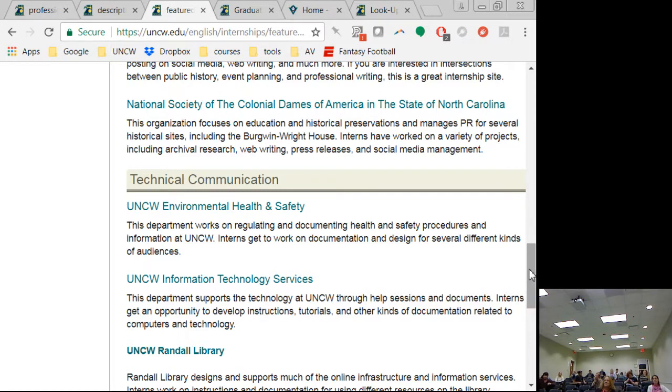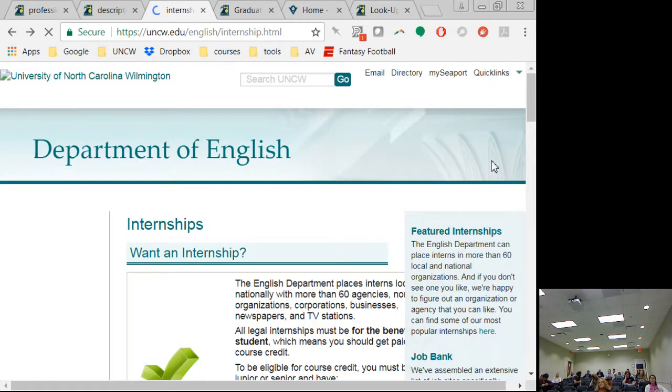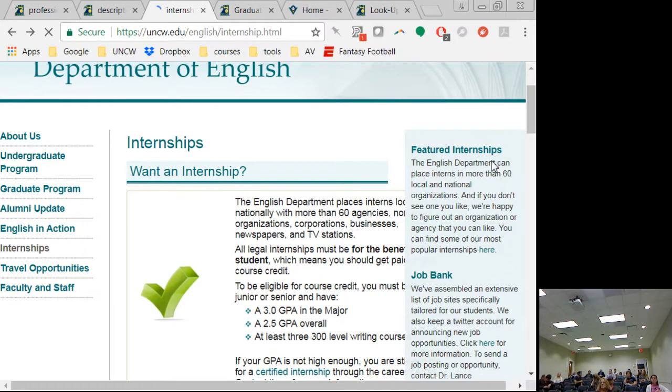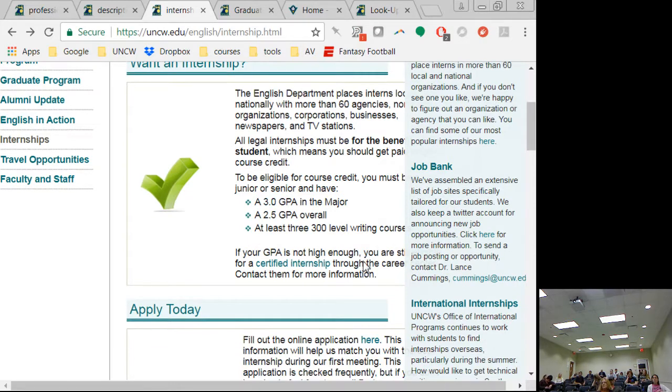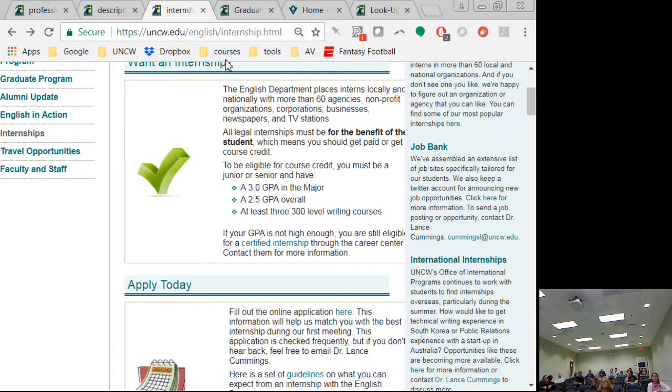So yeah, interested in business, science, nonprofit. Basically, you just have to be a junior or senior. You have to have a 2.5 GPA overall, over 3.0 in the major. At least 300 level writing courses, and you can take up to 6 credits of internship.